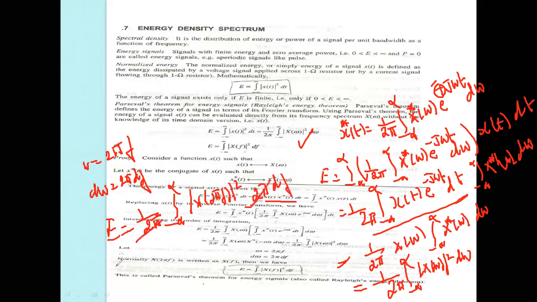The 2 pi gets cancelled, and the energy, in terms of the normal frequency, is the integral from minus infinity to infinity of the squared magnitude of x of f, df. This is the third one: Parseval's theorem for energy signals, also called Rayleigh's energy theorem. Got it, my students?